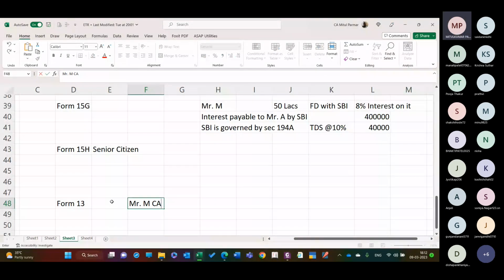Mr. M is in the practice of CA and has a proprietary firm. Let's assume that Mr. M, a chartered accountant, is an auditor in 10 companies. So he is appointed as an auditor of 10 companies.